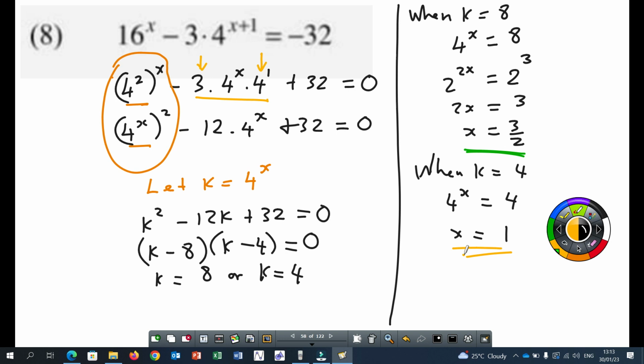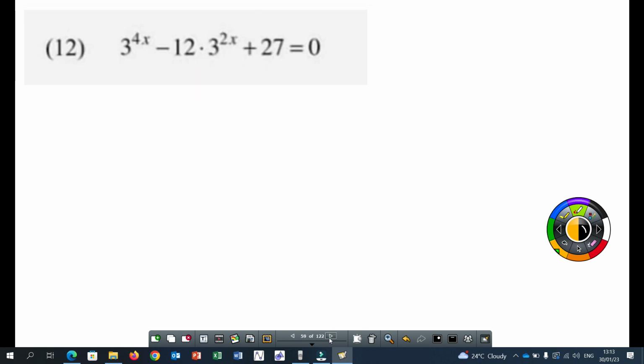Okay, let's move on to the last one. Okay, so we have got that. Well, it looks scary the first time you see it, but it's not that challenging.